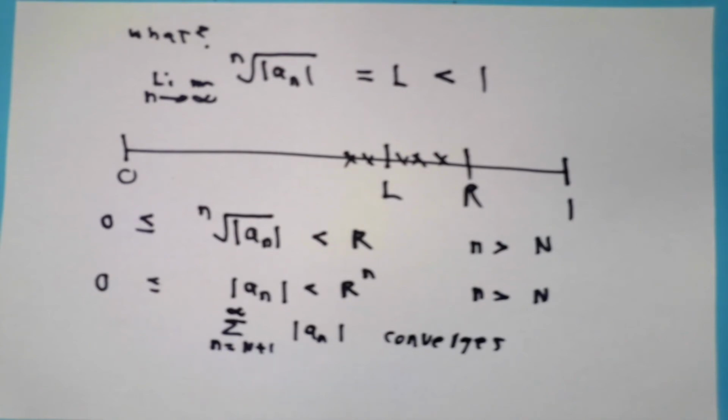Once again, though, altering a finite number of terms doesn't change convergence or divergence, so this tells me that the sum of all of the absolute a_n converges. Just as with the ratio test, this is what it means for the original series to converge absolutely, so this demonstration is finished.